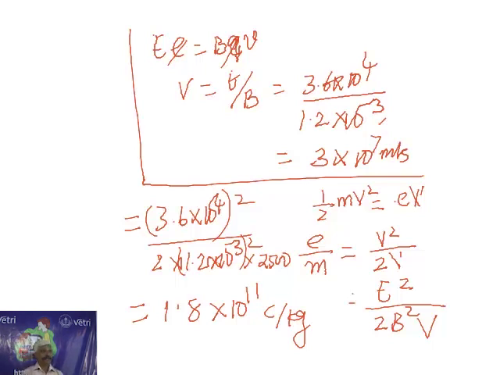So you have to keep in mind that if the specific charge of the electron is calculated using the formula e by m, the value should be in coulomb per kilogram and also of the order of 10^11. Whatever may be the case, we have to understand it.